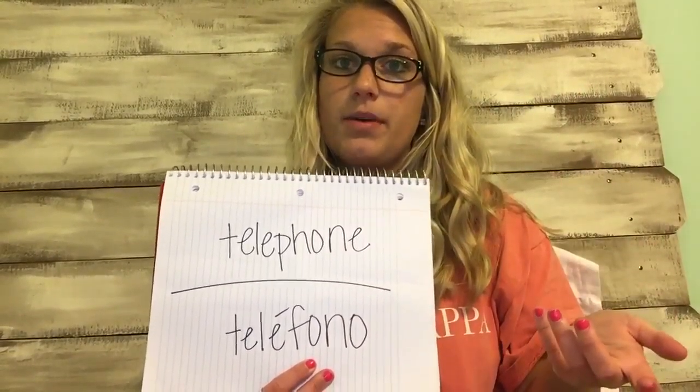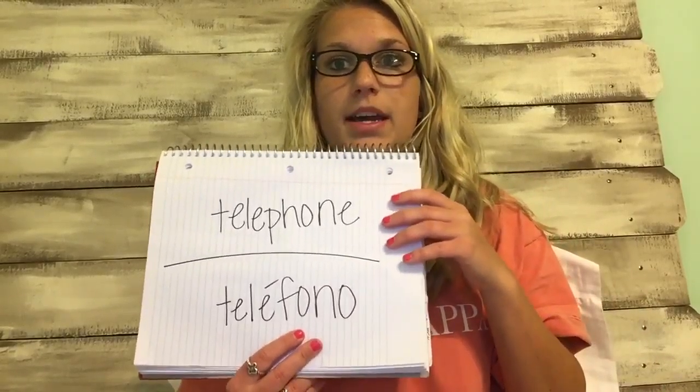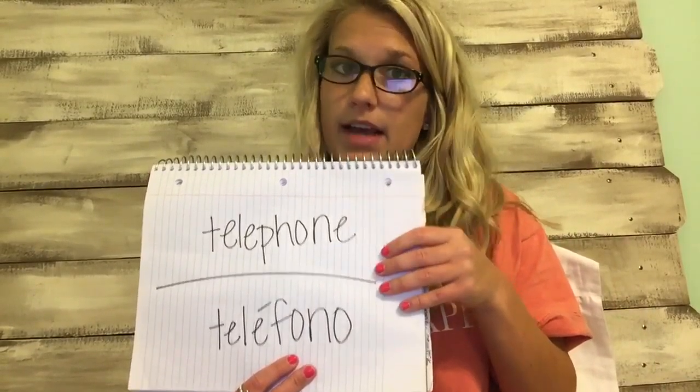So it really helps them whenever they're reading or writing because they can pick out these cognate words. It really does help them understand more of the English language, and this way they're able to decipher meaning from the cognate words.